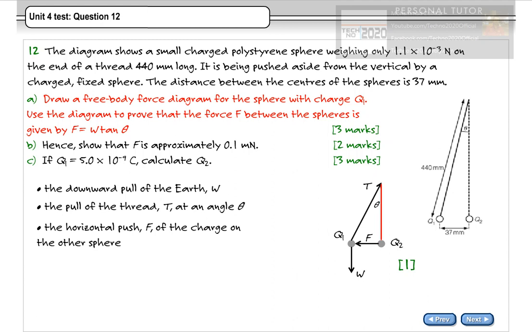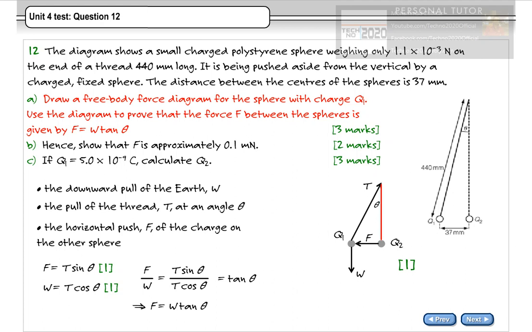Resolving the forces horizontally shows that force F is equal to T multiplied by sine θ. Resolving the forces vertically shows that force W is equal to T multiplied by cos θ. Dividing these two forces gives this expression, and the right-hand side of this simplifies to tan theta. Rearranging this shows that F equals W multiplied by tan theta.